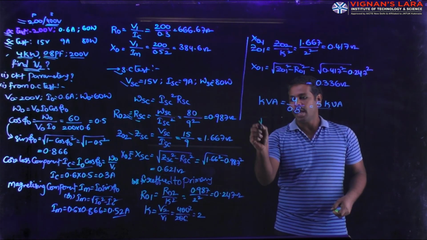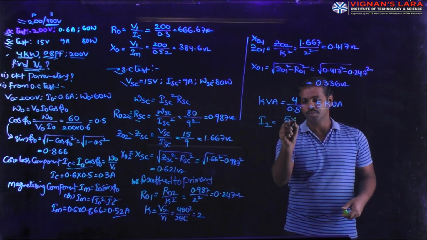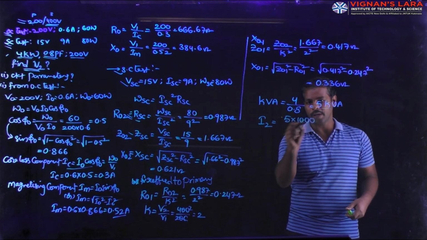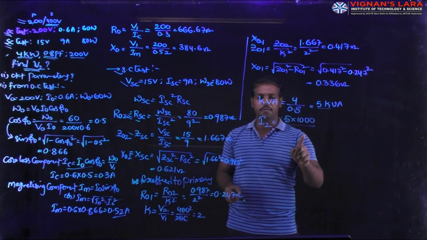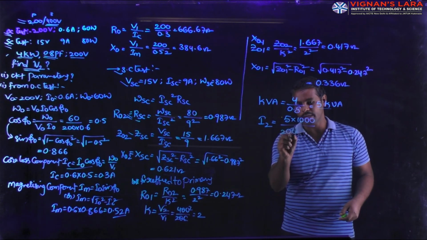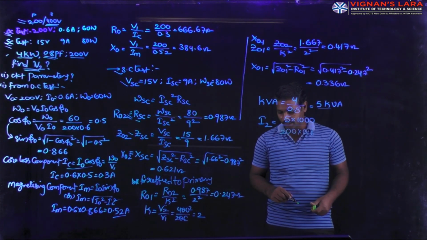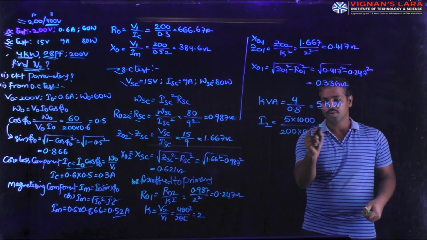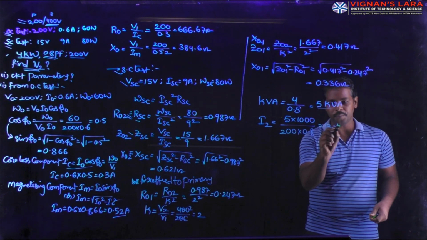So I2, the load current, is equal to 5 into 1000 divided by voltage into power factor, where voltage is 200.